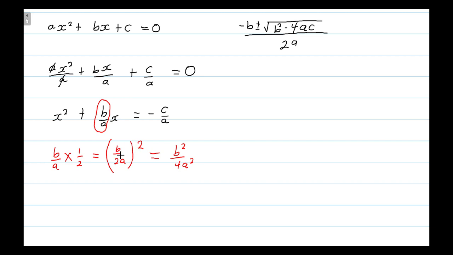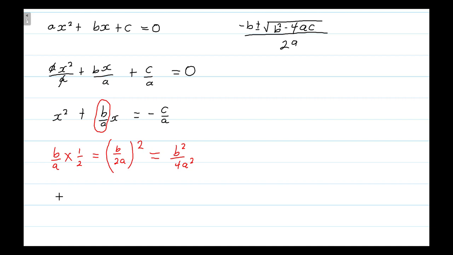The next step is to pick b over 2a all square, add it to the right hand side of the equation, and then to the left hand side of the equation.